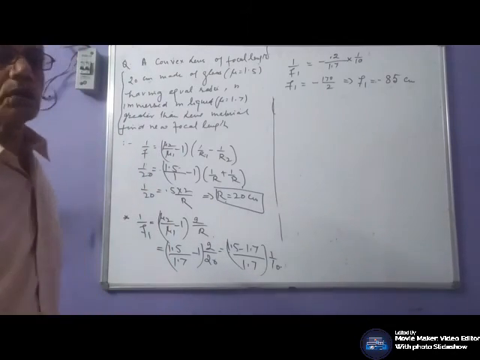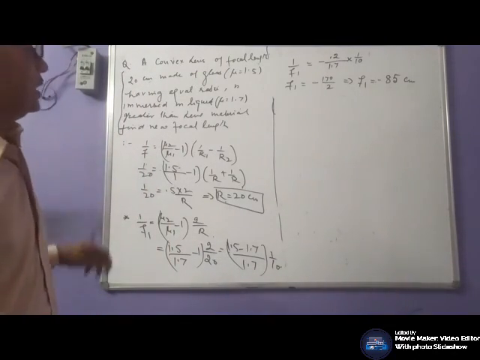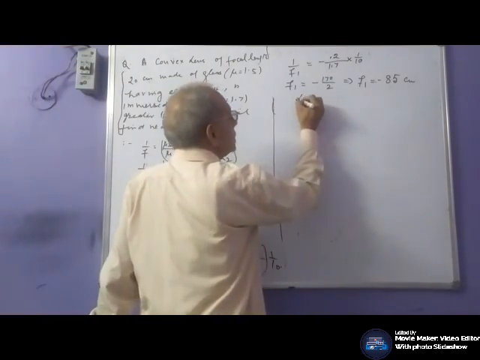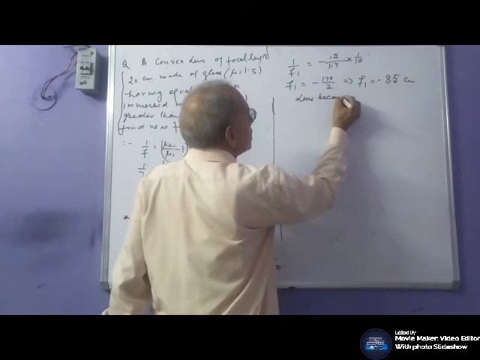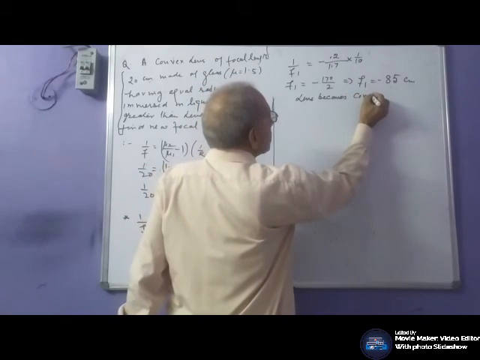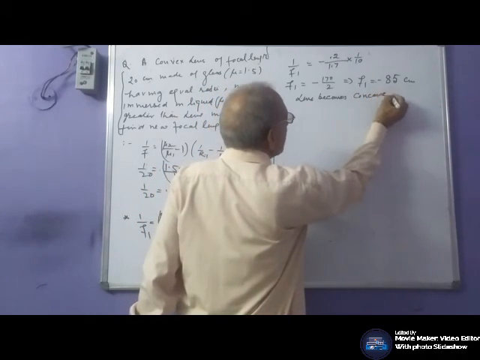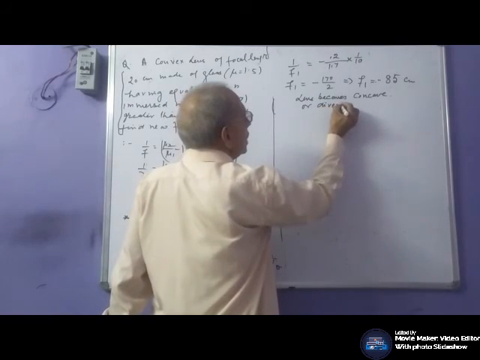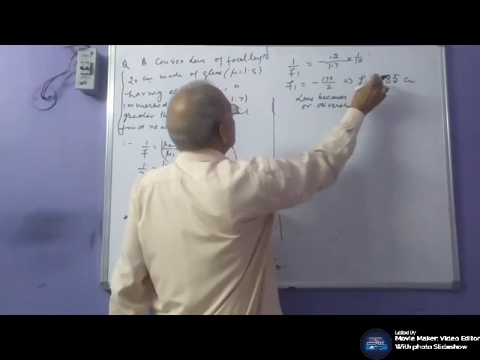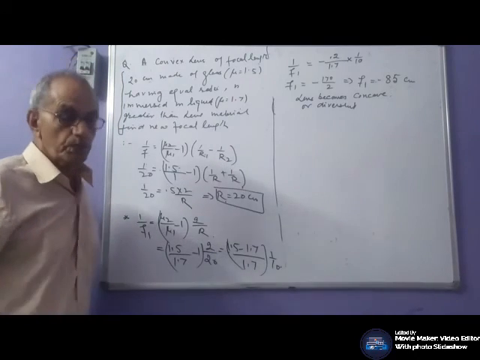So this is the new focal length. The lens becomes concave or divergent. Why? Focal length is negative.